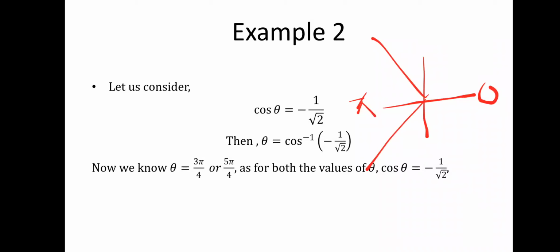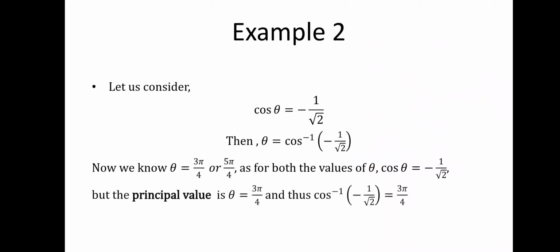So 3 pi by 4 lies between 0 and pi, but not 5 pi by 4. Therefore my principal value will be 3 pi by 4. So just understand the idea of principal value. Principal value means I have to stick to that particular range of the trigonometric function, for the inverse trigonometric function.